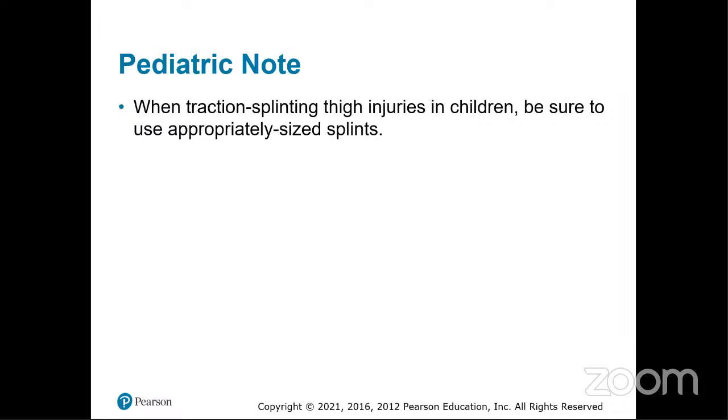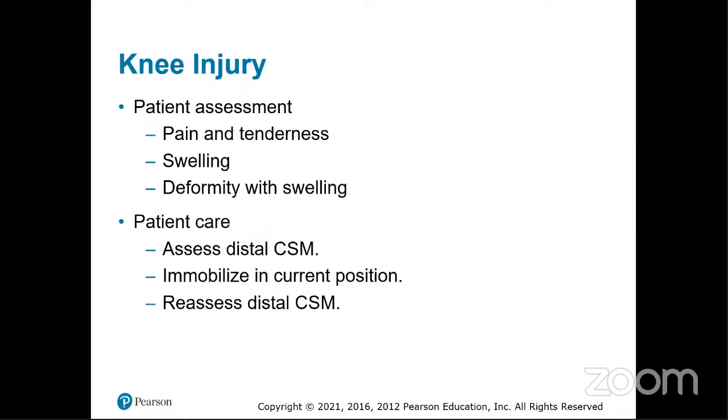So if we're dealing with a 10 or 12-year-old or even younger with a femur fracture, those kids took a significant direct hit. I promise you. But apply the appropriate size splint to them.